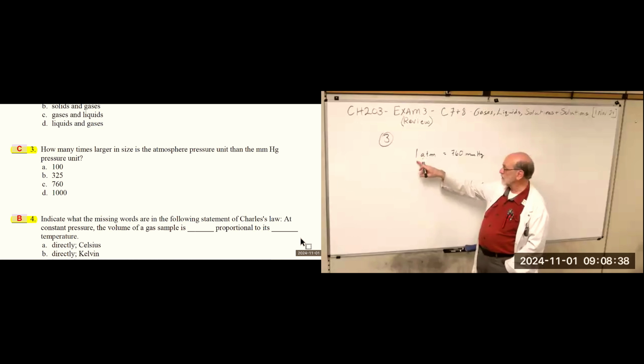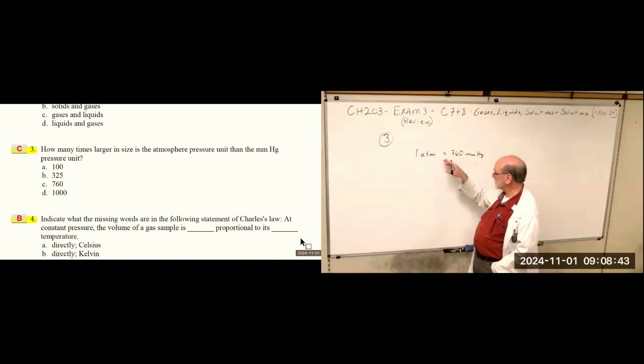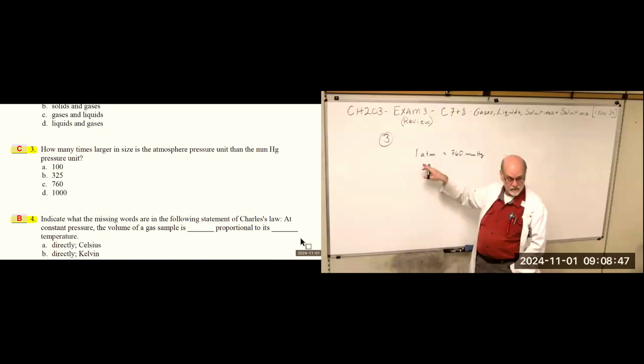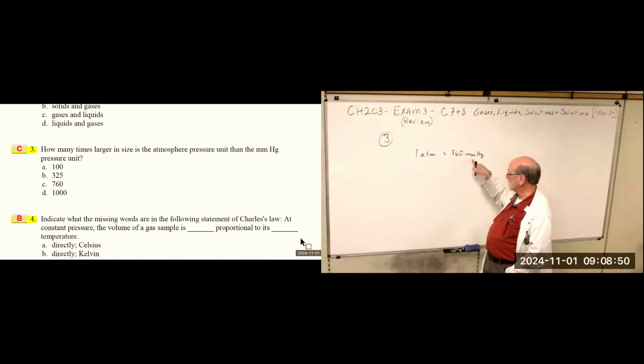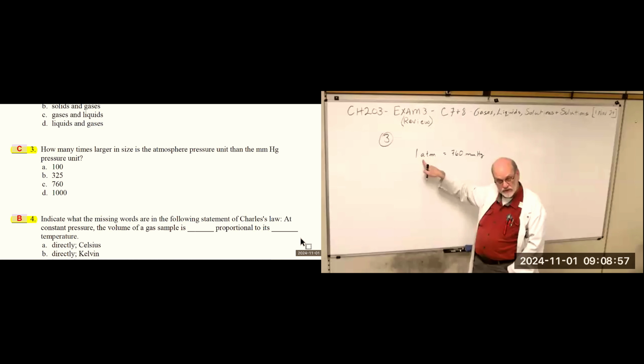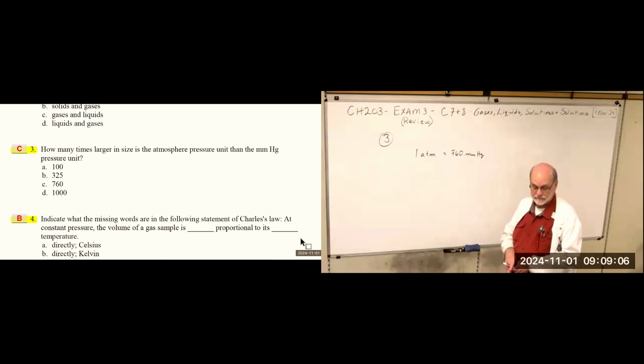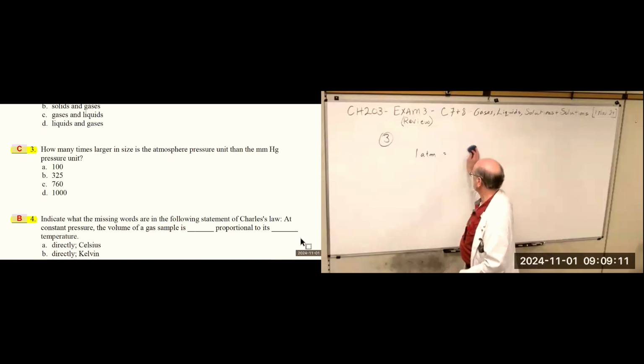Vice versa. If the number gets bigger, the unit is smaller. So the ratio between the two is the size of this difference, this number ratio. So this unit of measure is 760 times smaller than that one, or this unit is 760 times bigger than that one. Okay, that's why C is the answer. The ratio is 760.